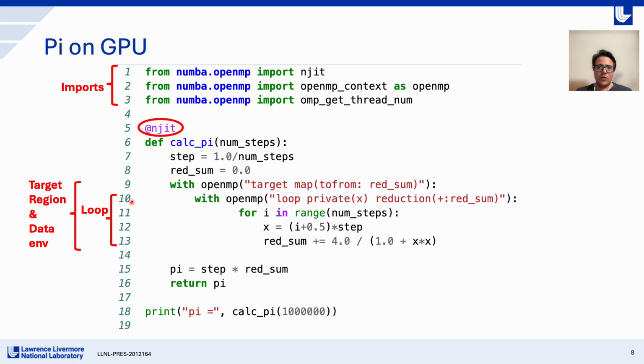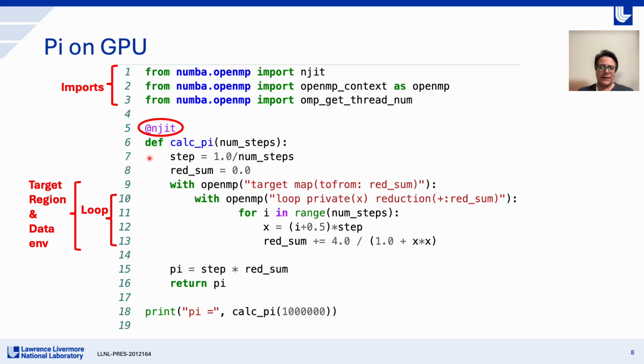We show also a more complicated example of calculating pi using numerical integration with PyOMP on the GPU. It starts again with the necessary imports and decorating the computation function for JIT compilation. In this case, there are two OpenMP regions.